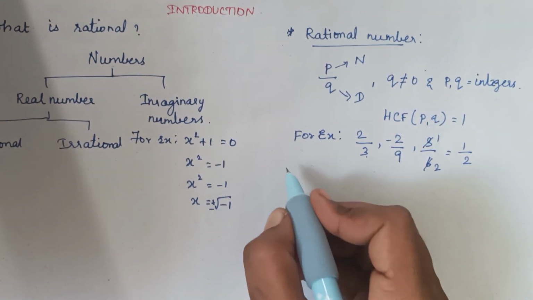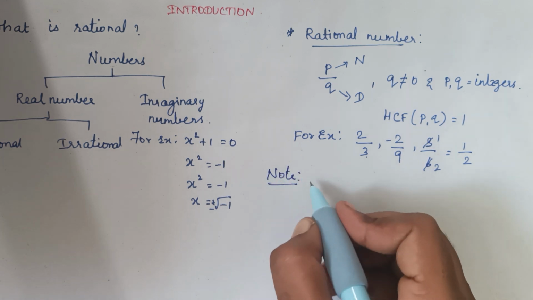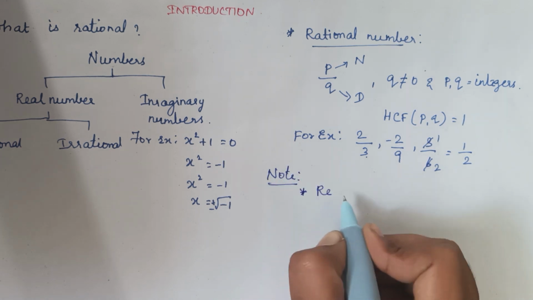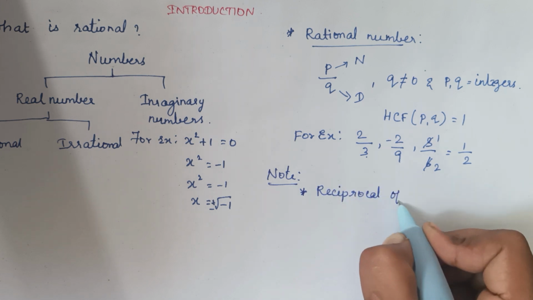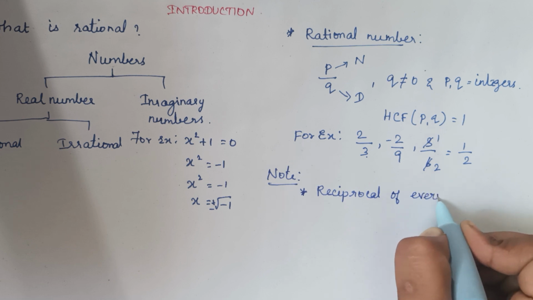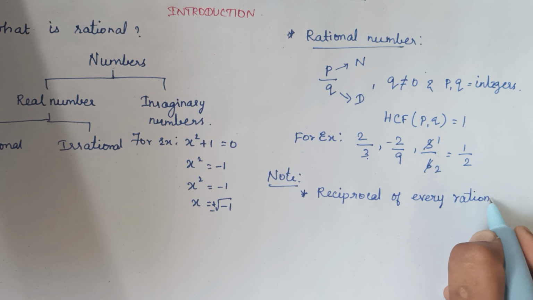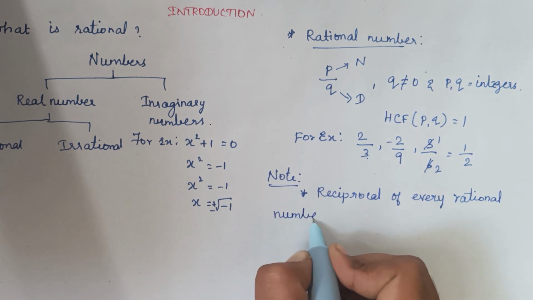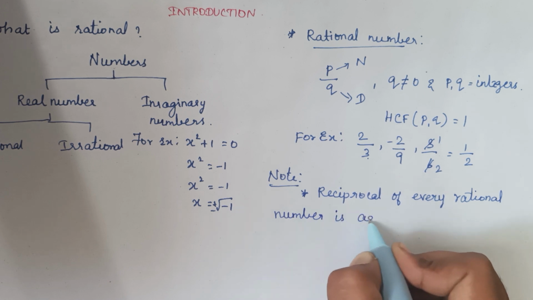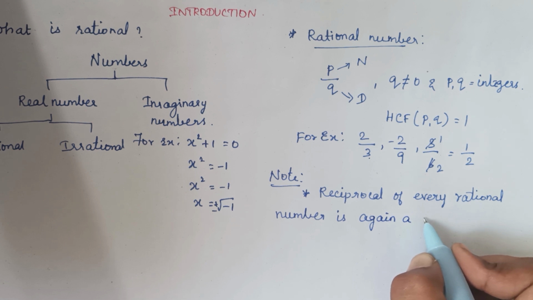Okay. So another note is there. Note down: the reciprocal of every rational number is again a rational number.